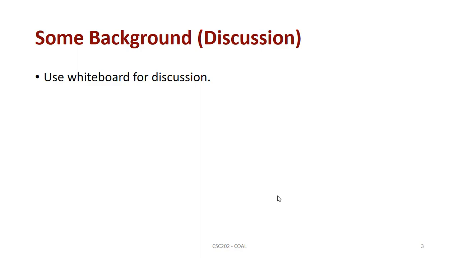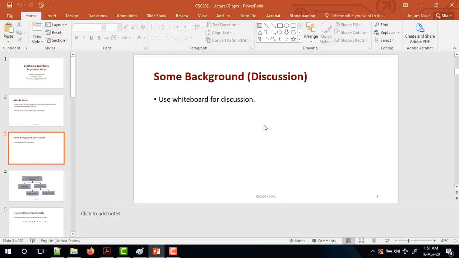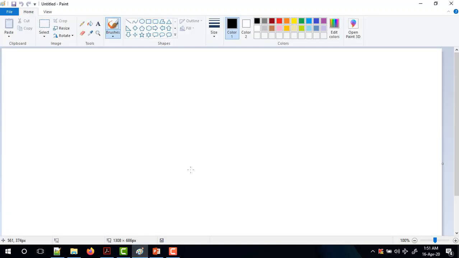Some background. Okay, let's use the whiteboard. If you remember your early elementary school days, when you used to solve elementary mathematics problems, if your class teacher, the mathematics teacher, writes something on the board or screen, what is that?